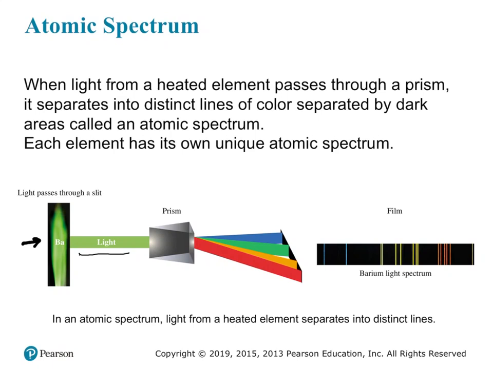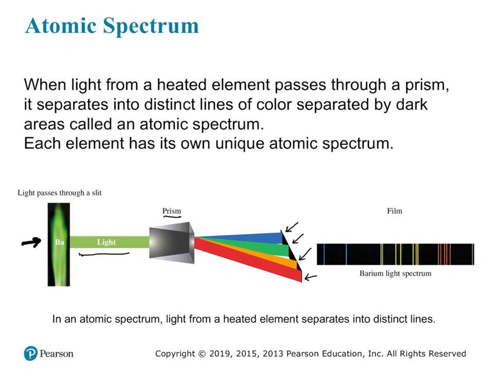So if we were able to gain access to a prism and pass light through the prism, this prism is going to bend all of the different sections of light that are making up that green color. So what we would see is a blue color, a greenish color, an orange color, and a red color.